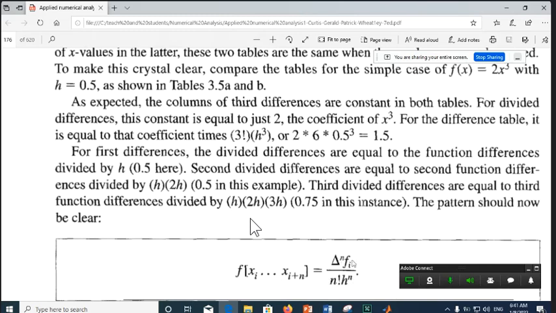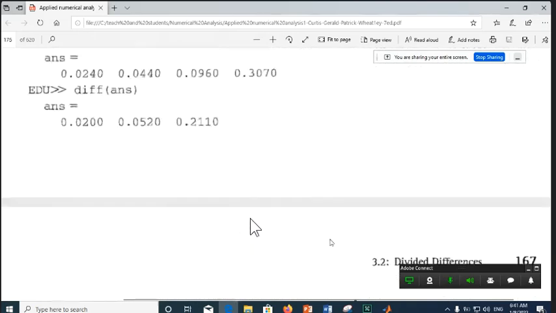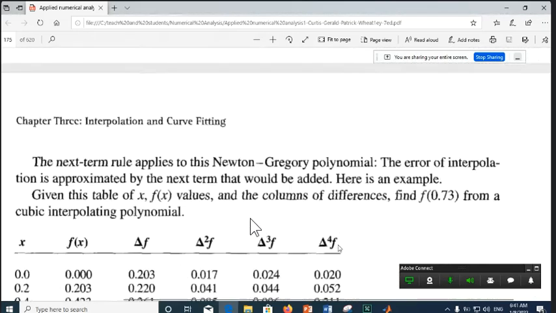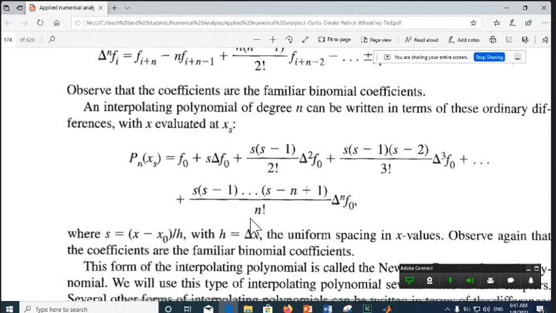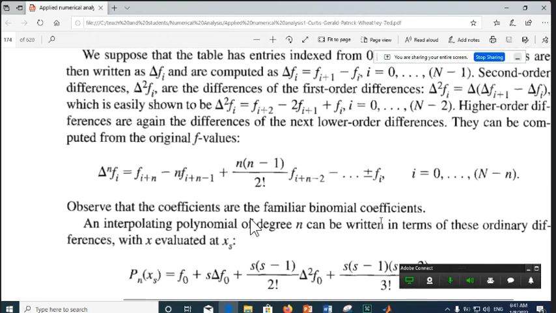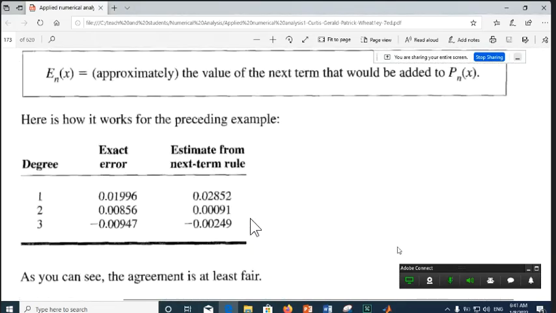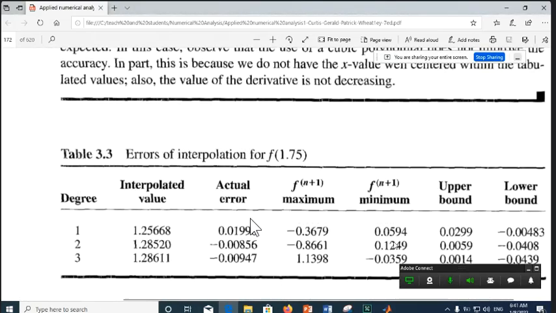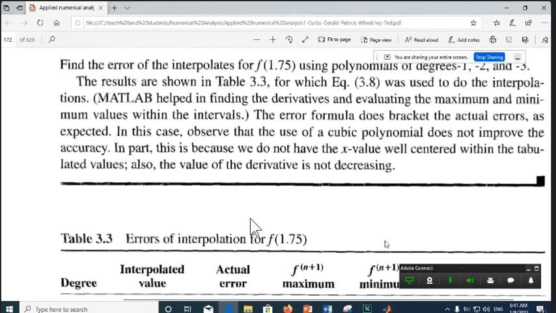This is the relation between these two values, and you can see these differences in this interpolation: 2 factorial, 3 factorial, which were absent in this interpolation.